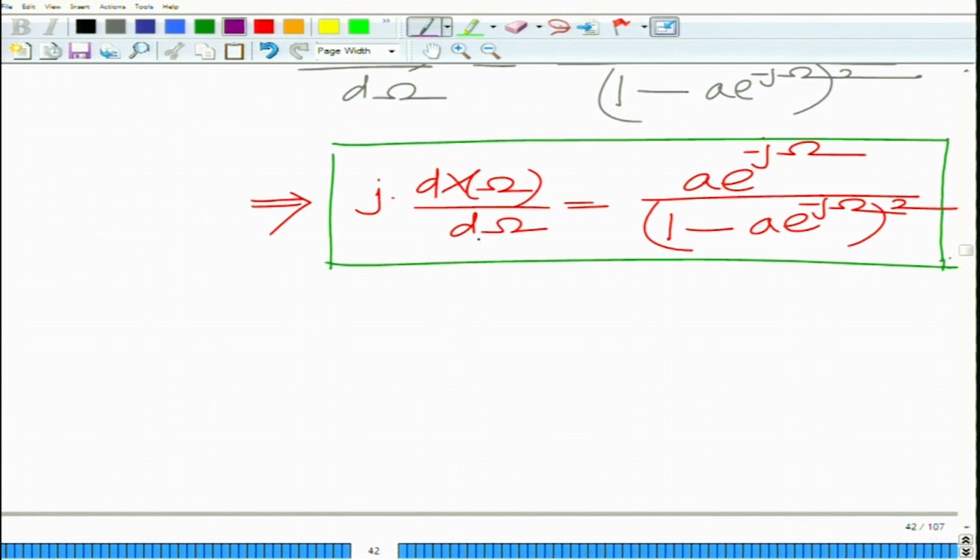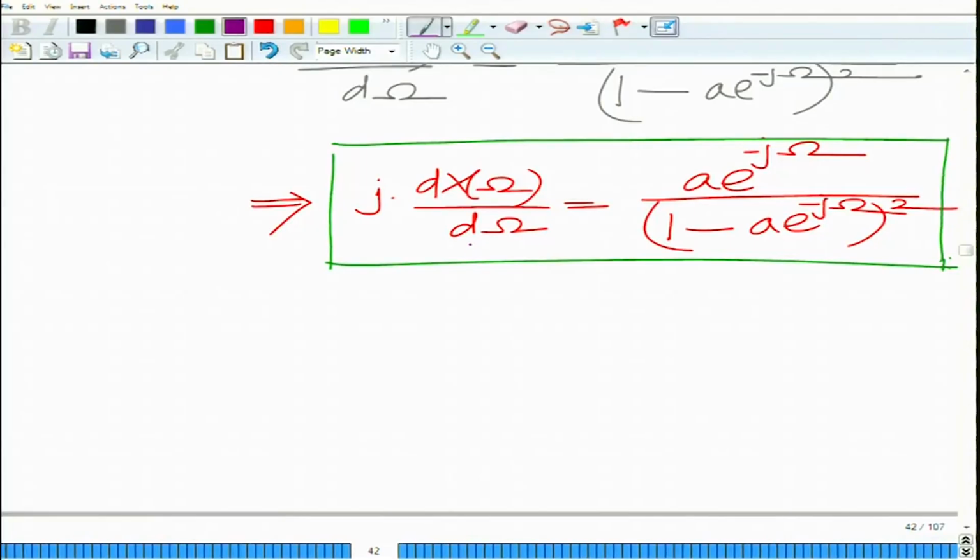But realize that if X(omega) is the DTFT of x of n, then j dX(omega)/d omega corresponds to the DTFT of n times x[n]. So this j dX(omega)/d omega is the DTFT of n x[n].